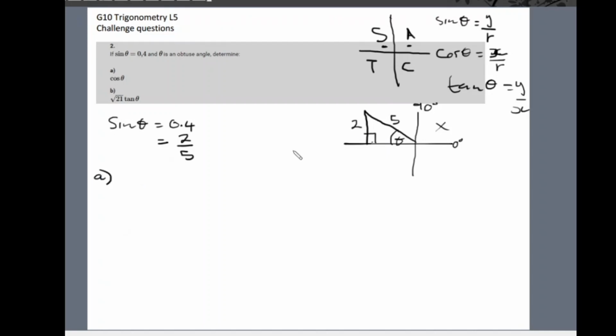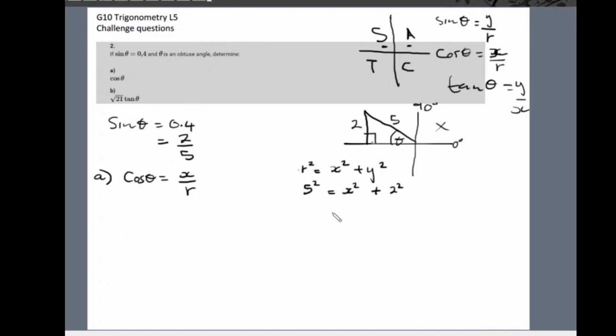So now they want us to calculate cos theta. So to calculate cos theta we will need the value of x, because cos theta is defined as x over r. We know r is 5, but then we don't know the value of x. So to calculate the value of x, we'll use the Theorem of Pythagoras, which says r squared is equals to x squared plus y squared. So we know r is 5, so we'll substitute 5 there, and then we don't know x, but then we know y.